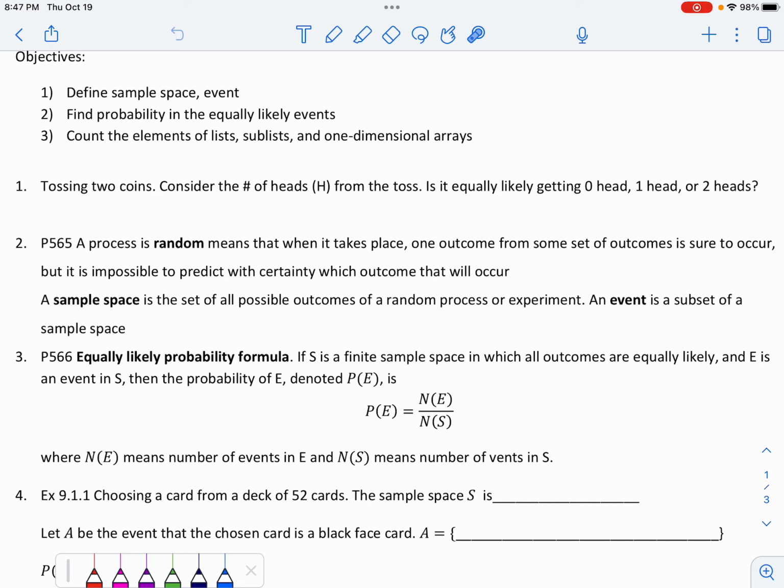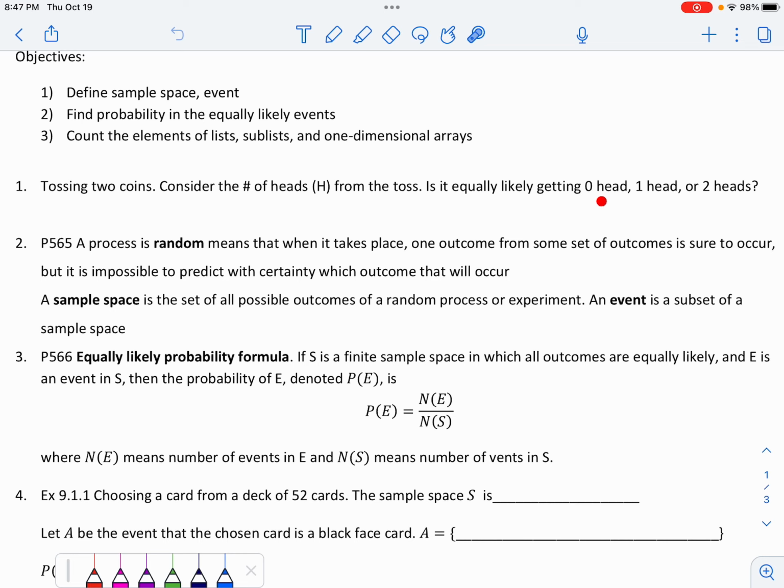So in other words, we could have these three possible outcomes. Out of the tossing of two coins, you may have 0 heads, 1 head, or 2 heads. So the question is, what's the probability of 0 heads, 1 head, or 2 heads when you toss two coins?